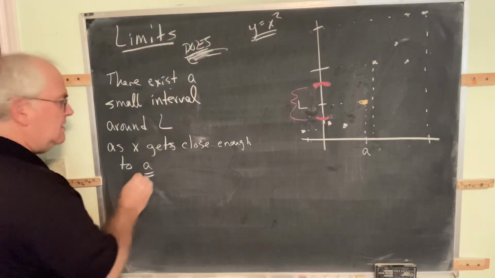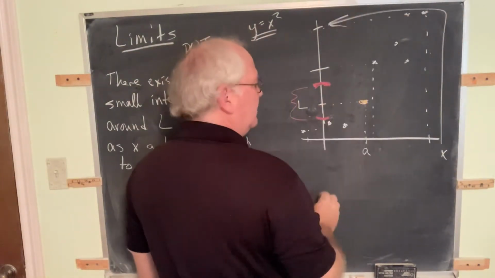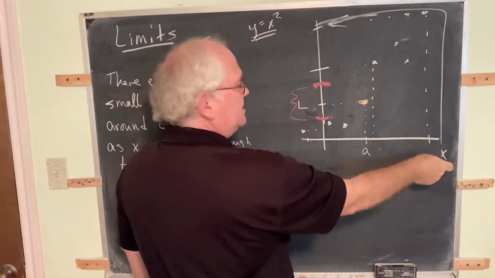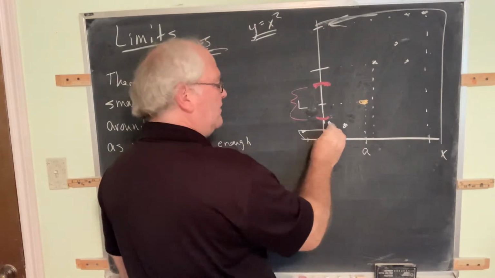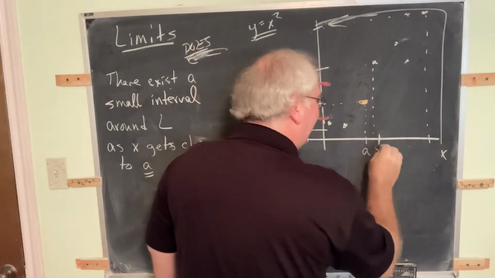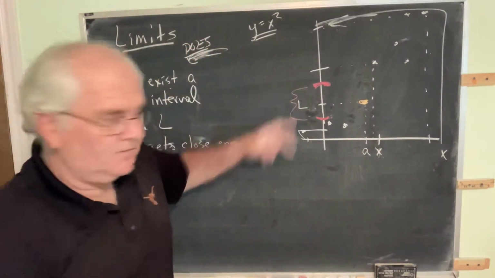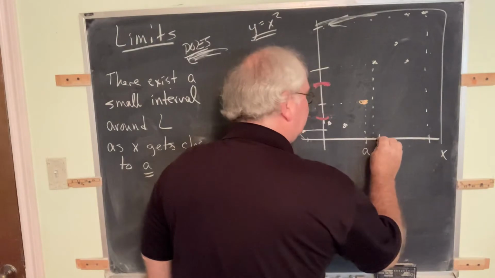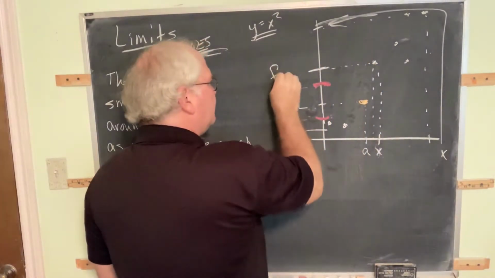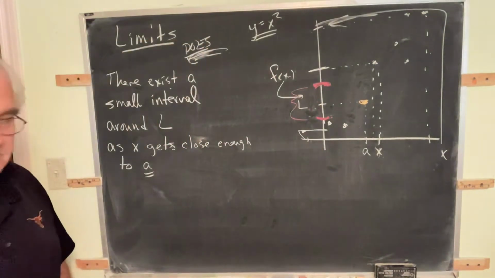to A, if I choose my X value way out here, yes, this is outside of the interval, because it's so far away. This one's outside the interval, because it's so far away. But no matter how close I choose my X value, if there's a gap, this function value is never, ever going to get inside that interval.